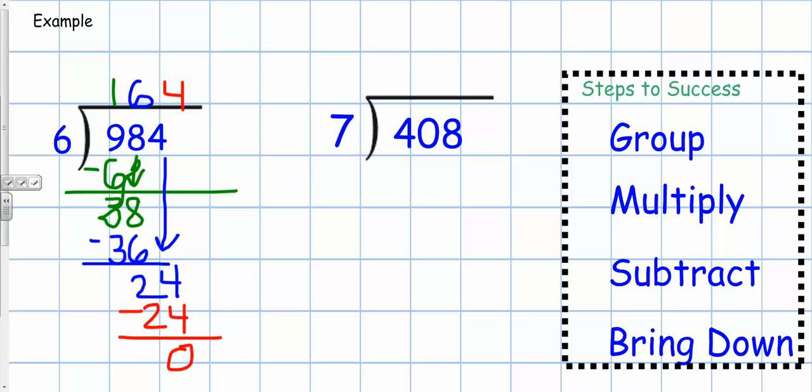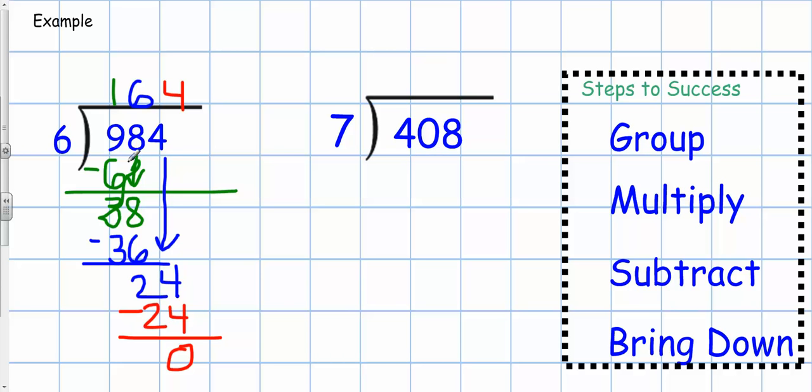Alright, let's take a look at another example problem. This time I have 408 divided by 7. Let's see how many groups of 7 can go into 4. 7 is bigger than 4, so 0 groups of 7 can go into 4. So now I'm going to add my next place value in.